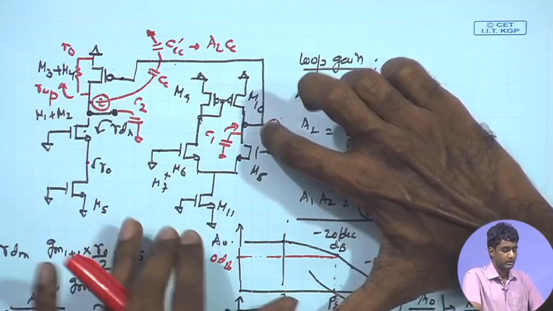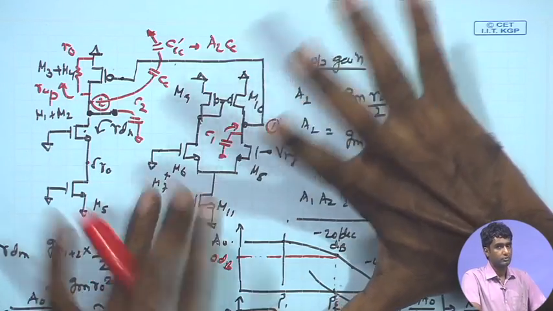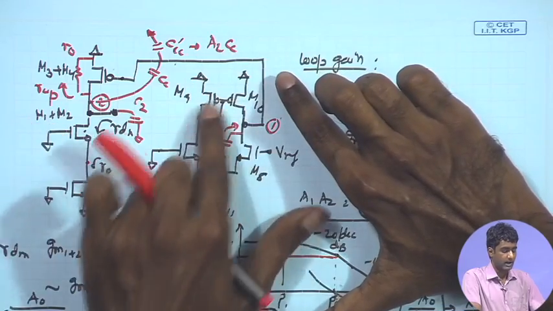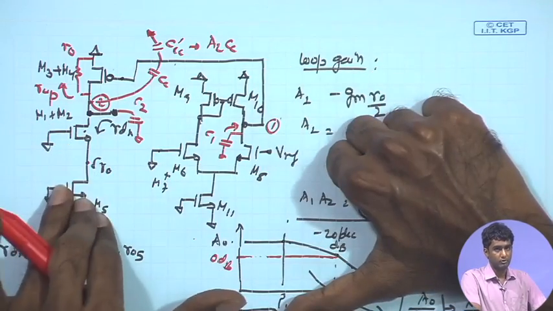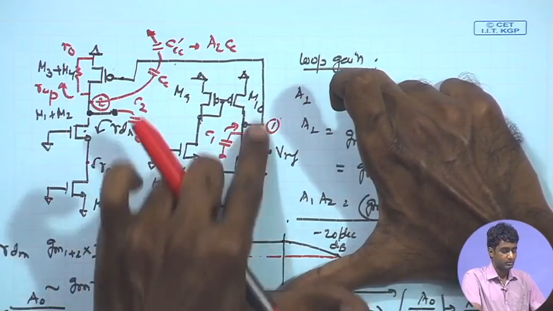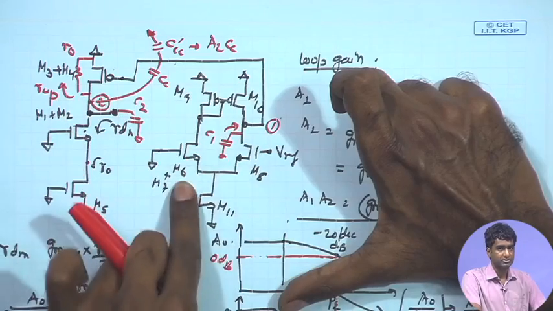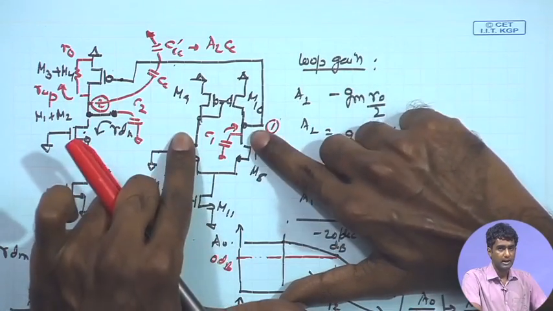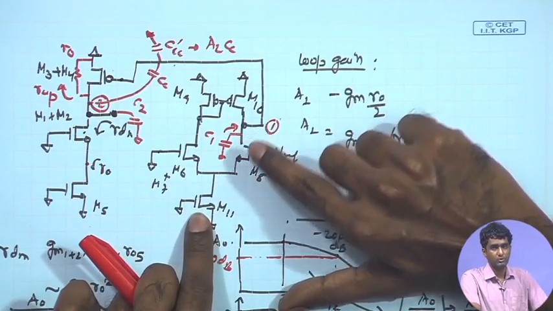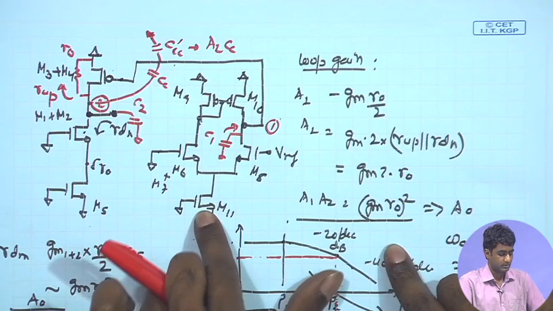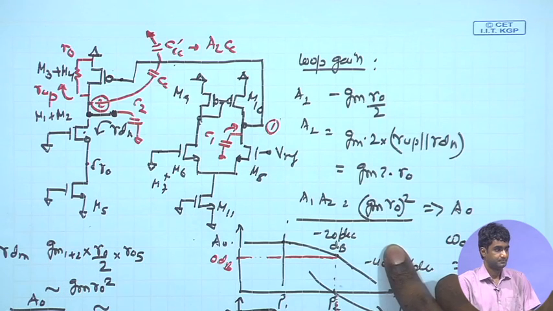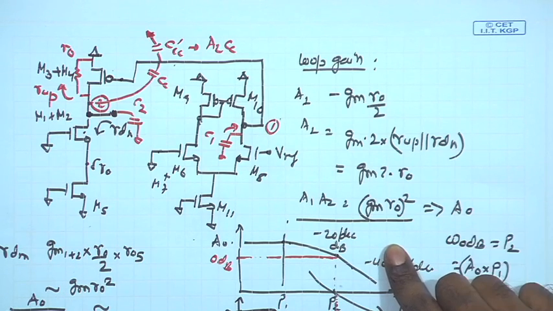That way also you can make this dominant. To begin with, I assumed that the ROs of this stage are similar to the RO of this stage, but that may not be necessary. You can intentionally make the RO of this stage much larger by applying larger channel length and having much lower bias current in this stage.